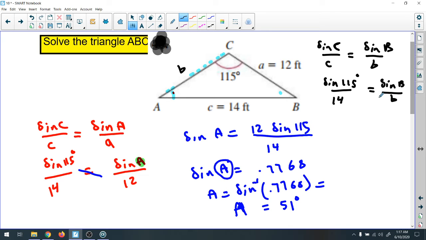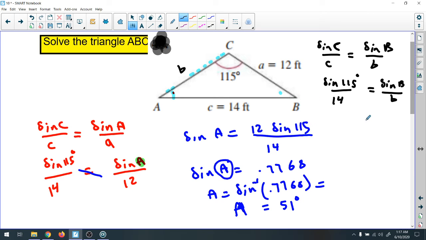Did we find any missing angle? Do we know angle B? Yeah, we can know it now. Why? Because we already know A. A is 51 and C is 115. We could find B easily and use it here.